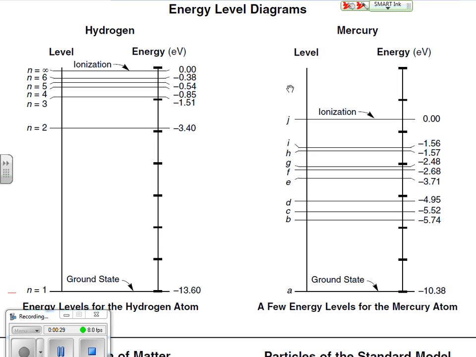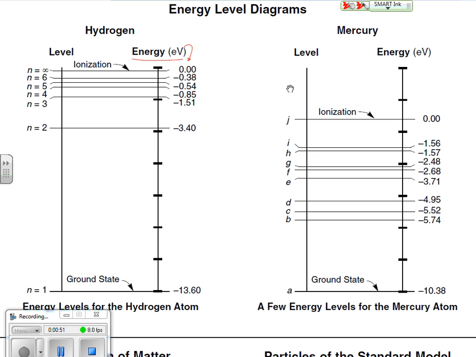These are what are called the quantum number, or the state number of those energy levels. So hydrogen has level 1, level 2, level 3, level 4, and so on. Those are the number of each state, and the energy of each state is listed on this side in what are called electron volts.